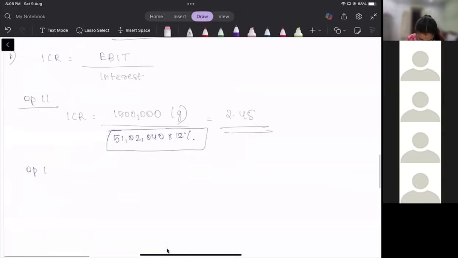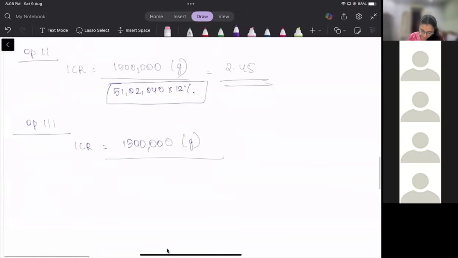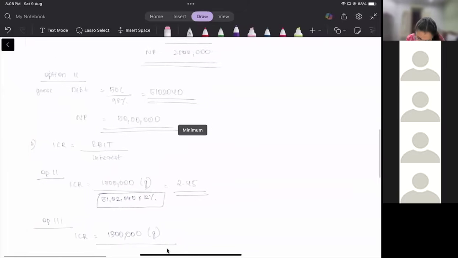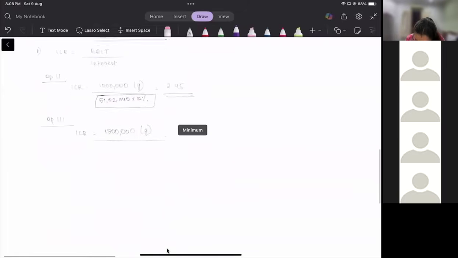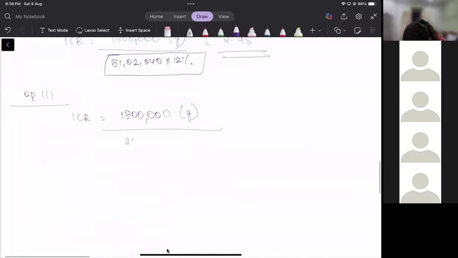And option number 3, also please find out the interest coverage ratio. Same, EBIT is not going to change because that's already given in the question. And then you have to find out interest. Interest would be 25 lakh 51,020 into 12%.